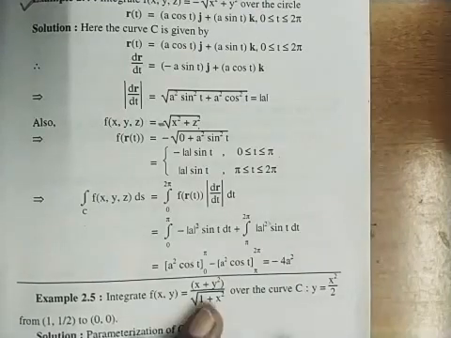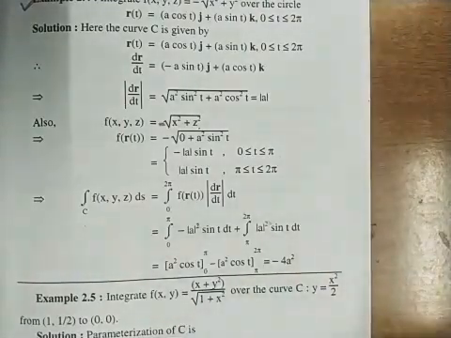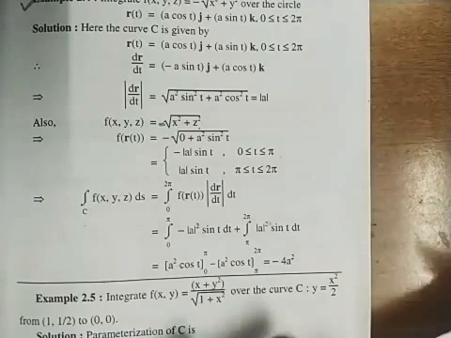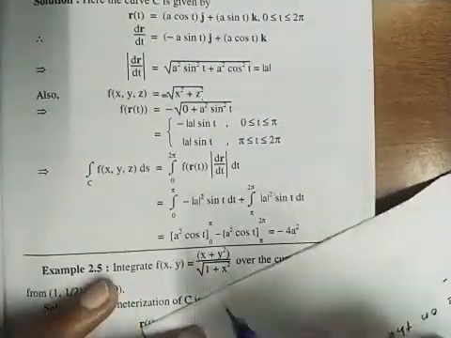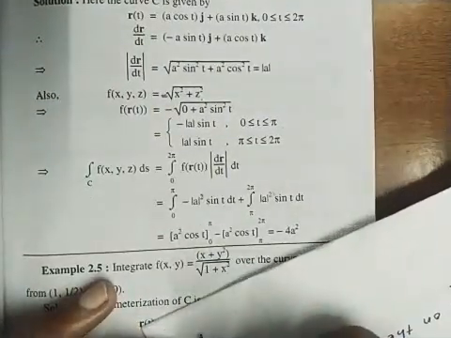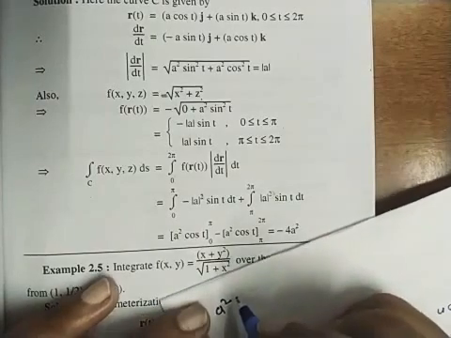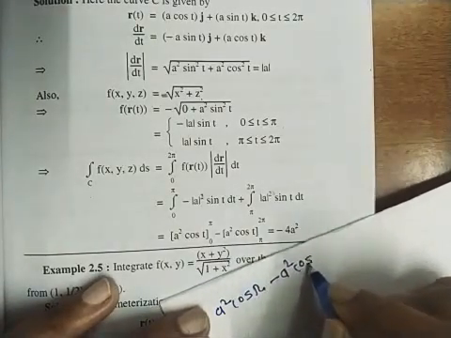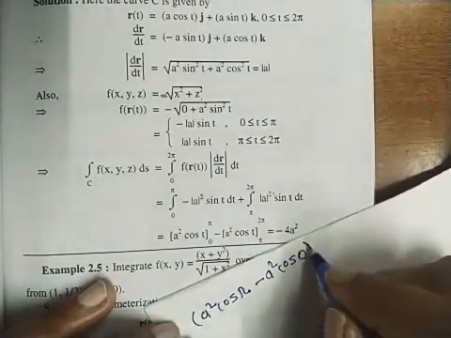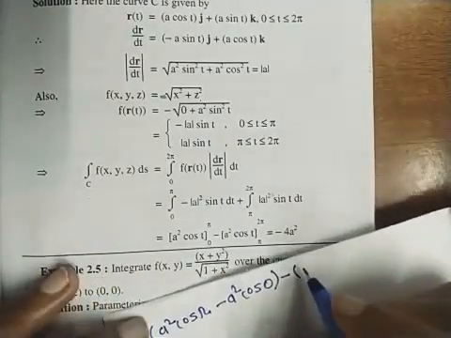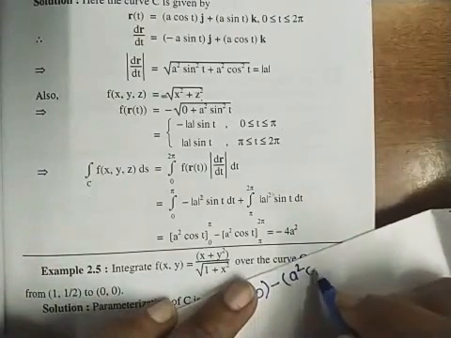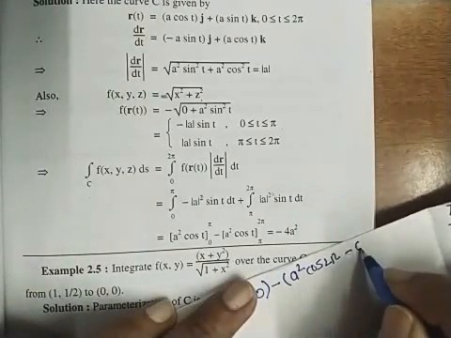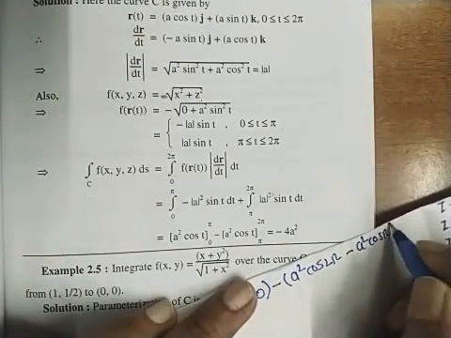After applying the limits, we get a square cos pi minus a square cos 0, the first bracket, minus, in the second bracket, a square cos 2 pi minus a square cos pi.